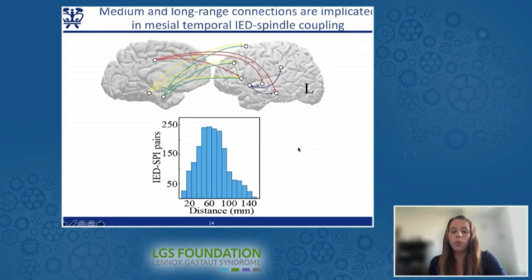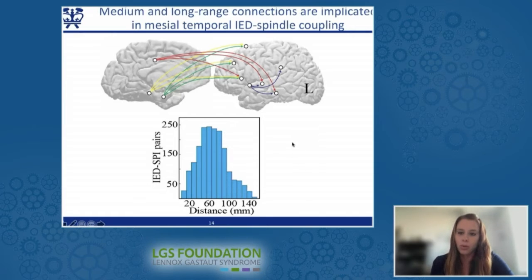We wanted to gain some insight into the anatomic basis for these sorts of interactions. So we examined pairs of IED generating and spindle responsive brain regions. We designated a pair if IEDs in one brain region resulted in a significant cross-correlation with spindles in another brain region. What we found, very interestingly, was that IED spindle pairs often spanned more than one lobe.